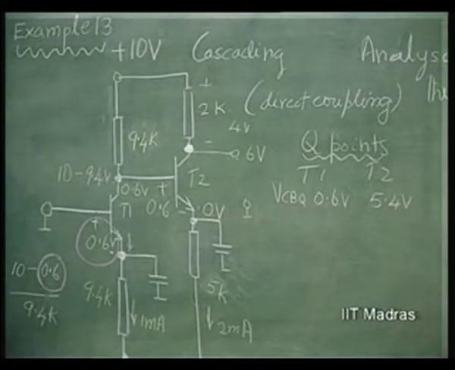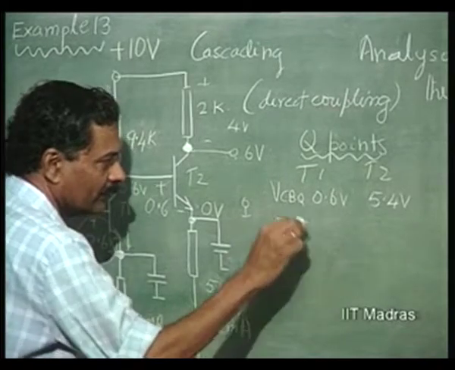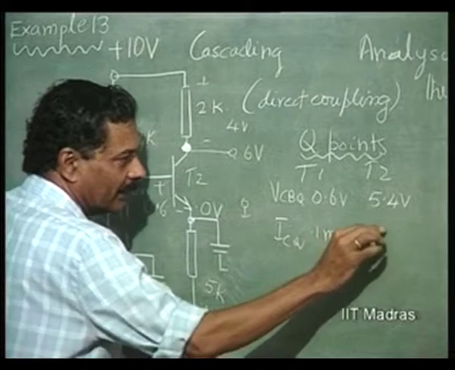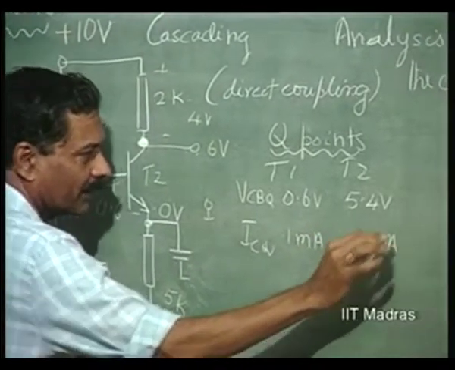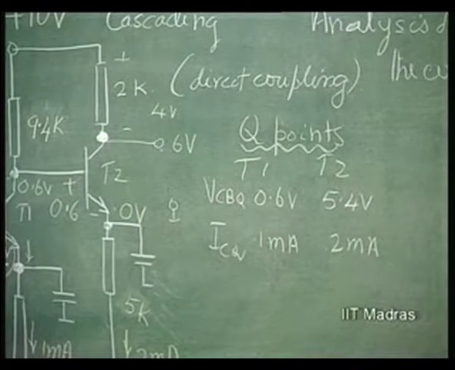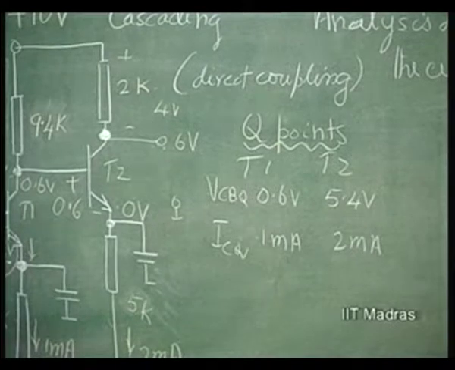Okay. Now, the quiescent current ICQ for the first stage is 1 milliampere, for the second stage is 2 milliampere. So, this gives complete details about the fact that this is conveniently biased, these two transistors are conveniently biased.